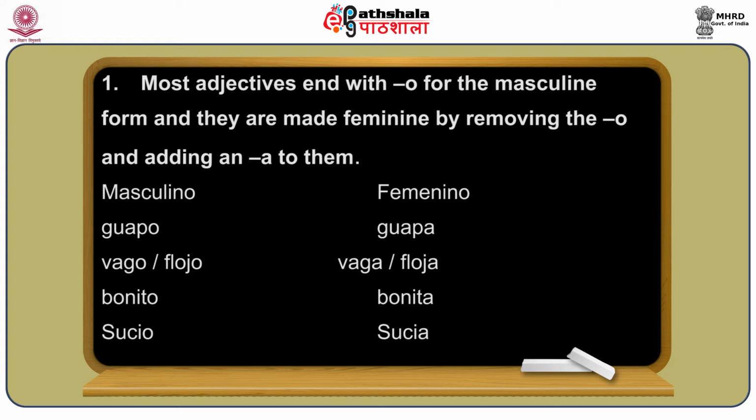And same way, bonito means beautiful, and bonita is the feminine form, and sucio becomes sucia in feminine, meaning dirty. So, we remove the o of the adjectives and add a to make it feminine.